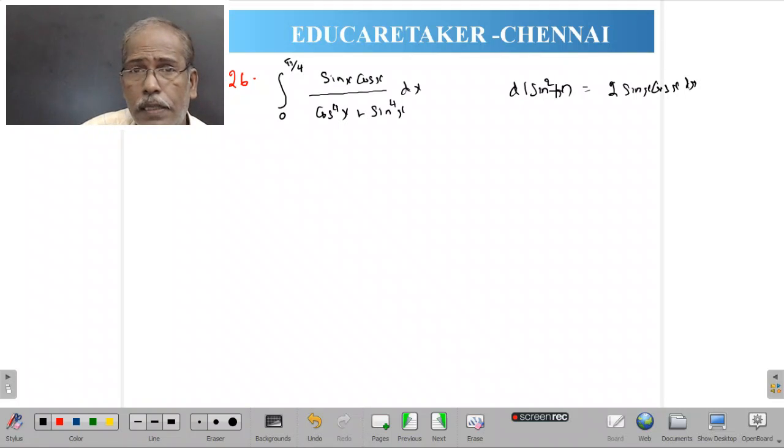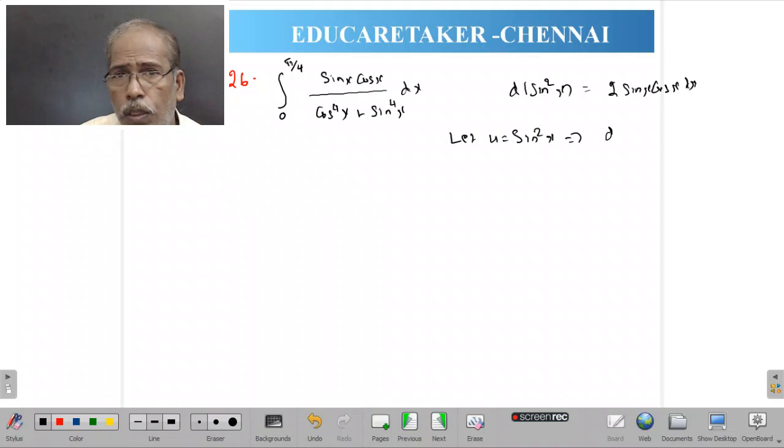So let us take sin square x equal to u, and this implies du is equal to 2 sin x cos x dx.